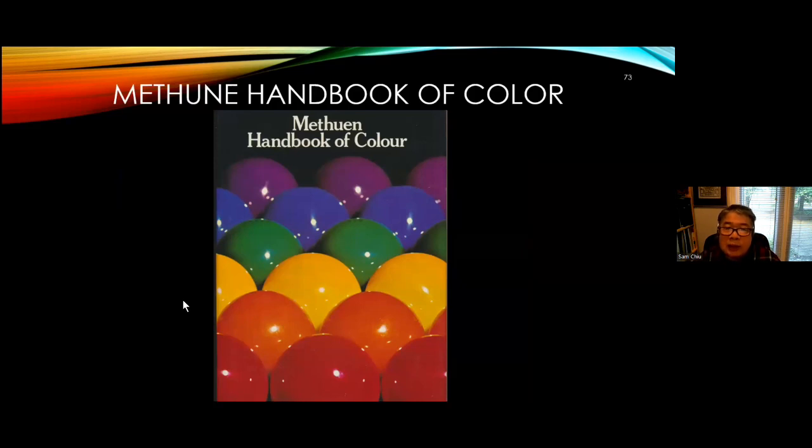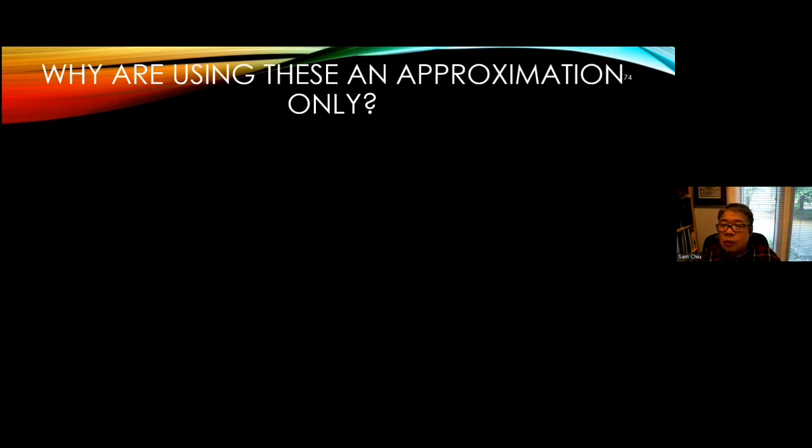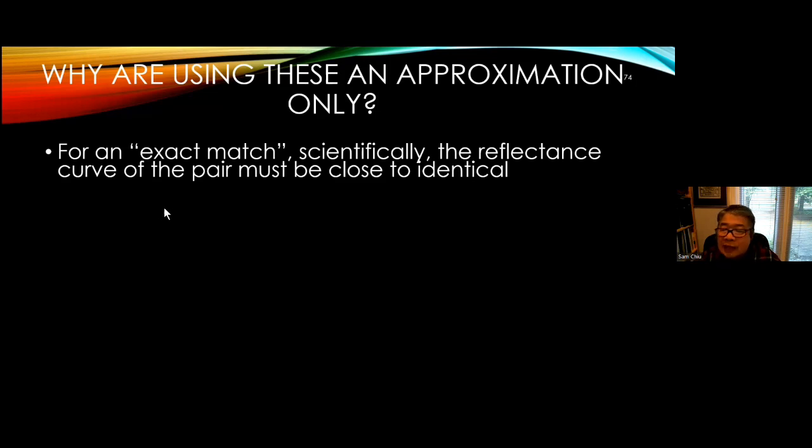And Methuen is another one. Again, this is all trying to approximate. So why is using this fan deck or chip to match a color only an approximation? For an exact match, the reflectance curve of the pair must be as close as possible.